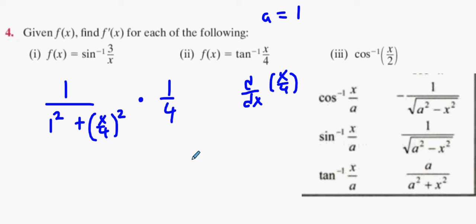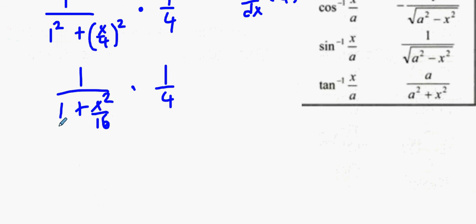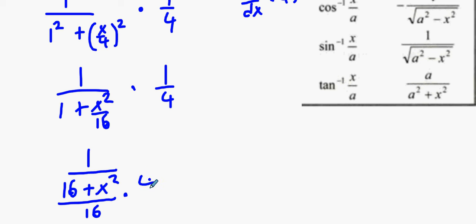Okay? And that brings me down to this stage where I have 1 over 1 plus x squared over 16 multiplied by a quarter. I'll probably get a common denominator on the bottom. 1 over 16 plus x squared over 16 times 4.